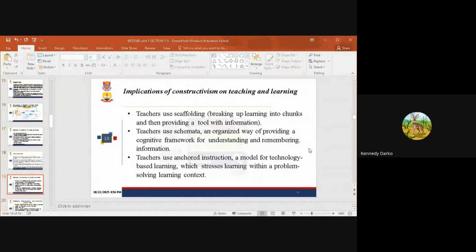Teachers use schemata, an organized way of providing a cognitive framework for understanding and remembering information. So when we use the schema or the schemata, we are looking at how the framework works, how the student will understand and how they will remember the information.